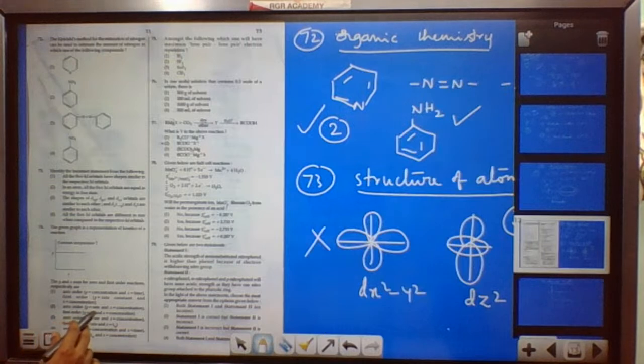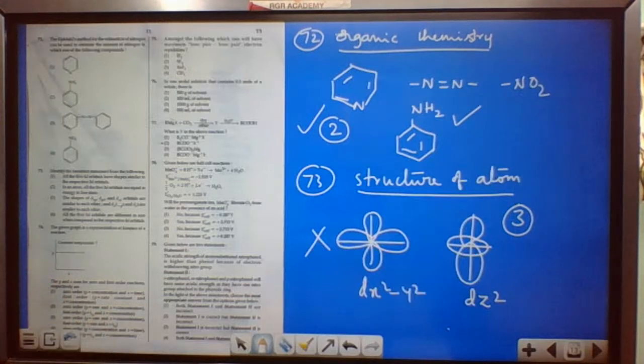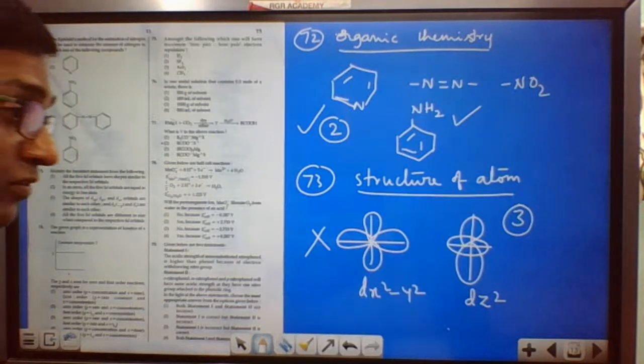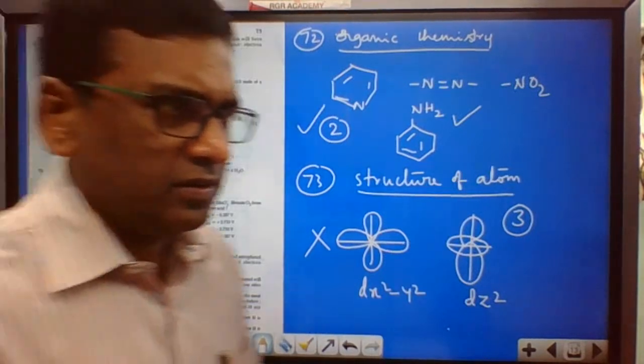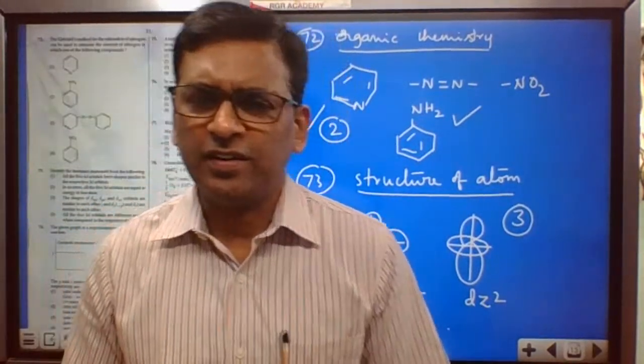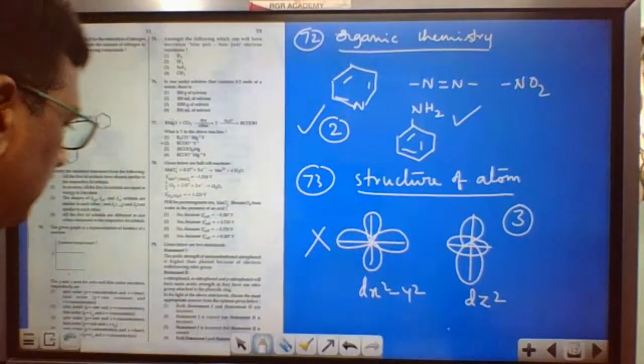So for zero order, rate and concentration: if y is rate and x is concentration, then there is no change in the rate of reaction. Rate does not change with the concentration in zero order reaction. It depends only on the surface area of the catalyst.